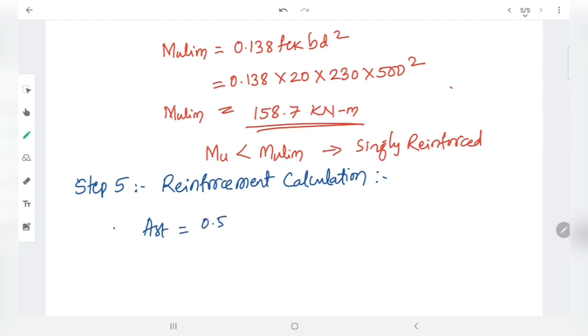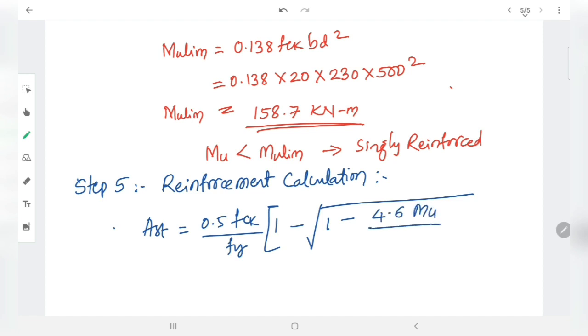For singly reinforced sections, AST is equal to 0.5 FCK divided by Fy into bracket 1 minus root of 1 minus 4.6 MU divided by FCK BD square, into bracket BD. This is the equation to be used to calculate the reinforcement of singly reinforced sections.